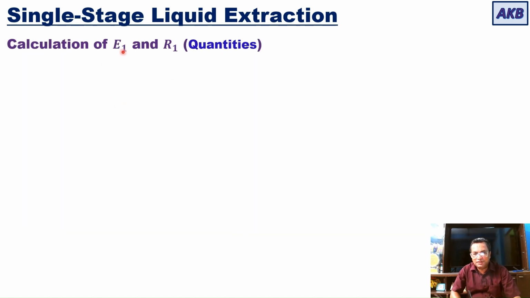After you draw the tie line that passes through M1, the endpoints of that tie line are going to give us x1 and y1, and we have to use these two values to get the quantities of the extract and raffinate phases. So, the next discussion is how to calculate the quantities of the two phases, extract and raffinate.